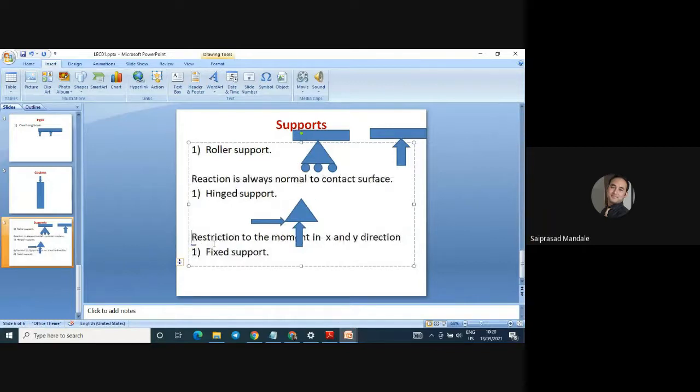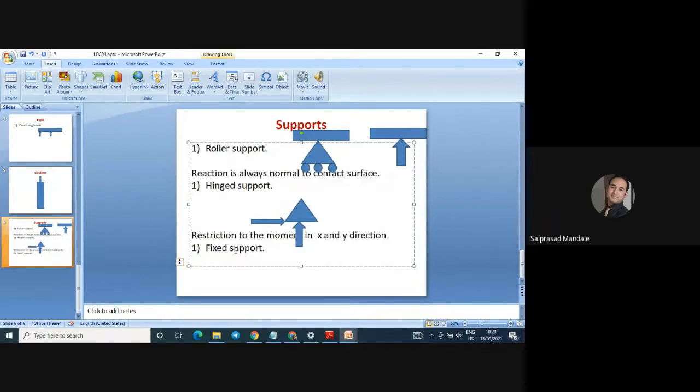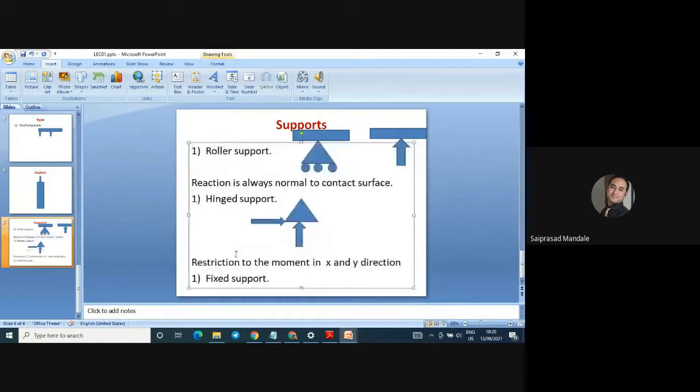Restriction to the movement in the x and y direction means only these supports are reliable to fix this. In the roller case, it can have movement. It can move in that direction, it can move in clockwise direction, it can move in anti-clockwise direction. But when there is the hinge support, it is not allowing any kind of movement in the x and y direction.